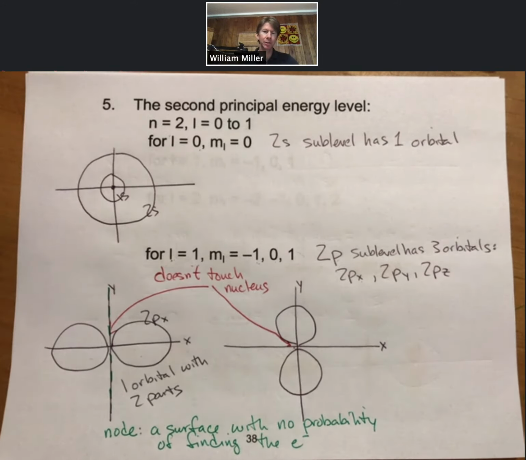Okay, for n equals 3, that's the third principal energy level. So L goes from 0 to 2. We have L equals 0, which is 3s. 3s sublevel has 1 orbital. 3p, for L equals 1, has 3 orbitals.